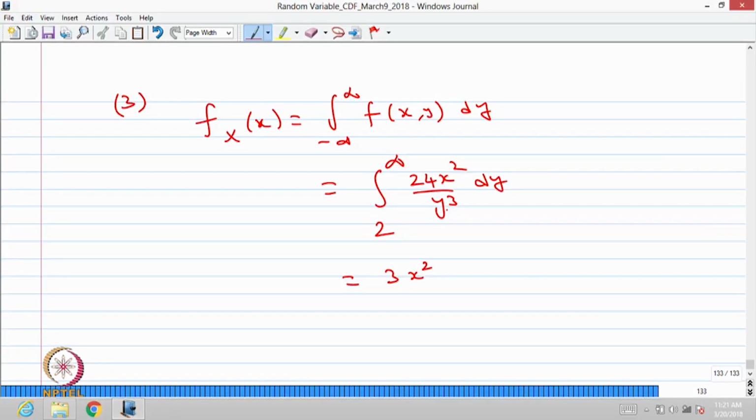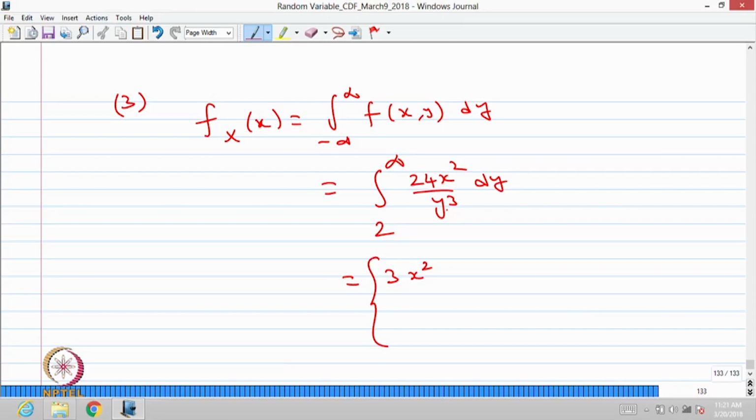And if you recall, the joint density is nonzero for x between 0 to 1 and y from 2 to infinity. Therefore, this probability density function is 3x square when x lies between 0 to 1, otherwise it is 0.